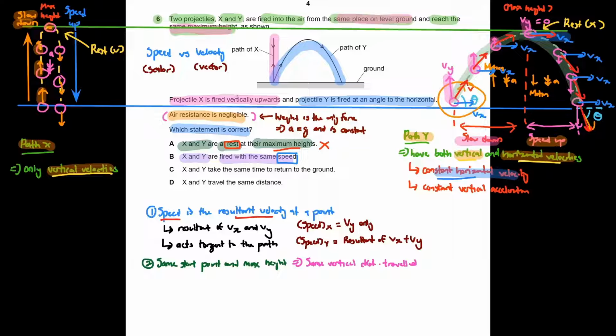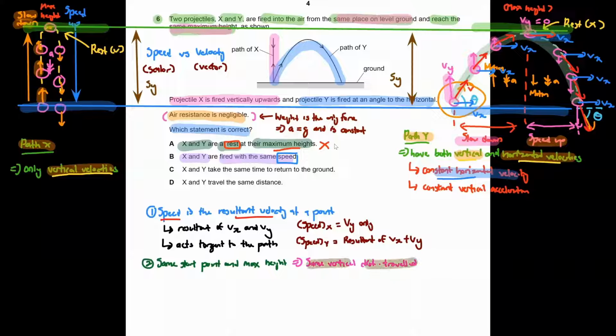So this being your starting point and this being your maximum height, you can already see from here that your vertical distances are going to be the same. So here you will be correct to say that you have the same vertical distance traveled.